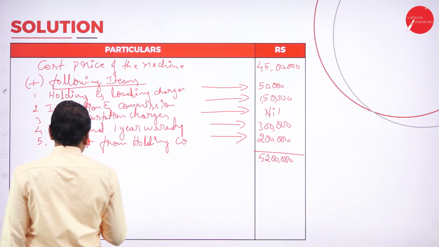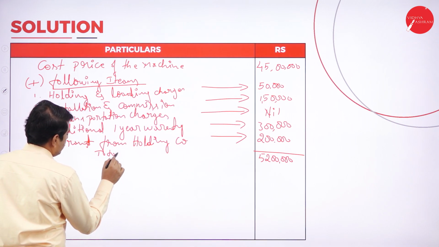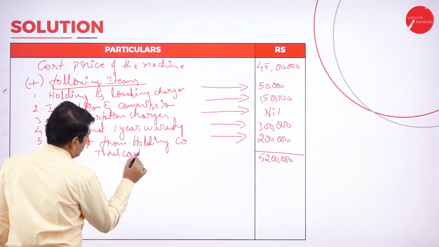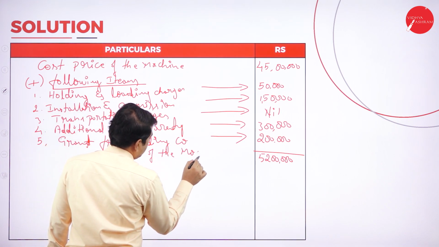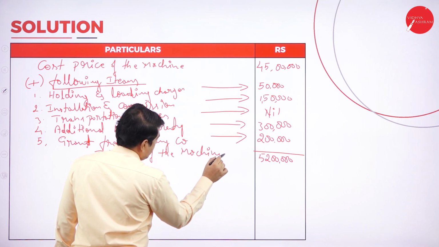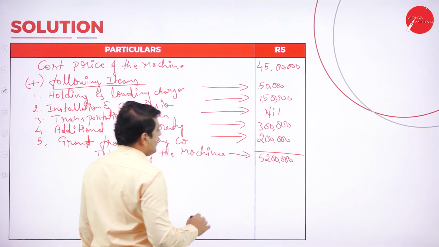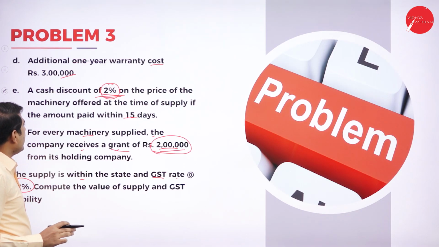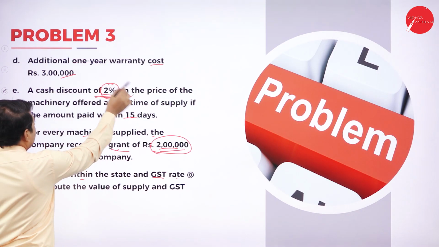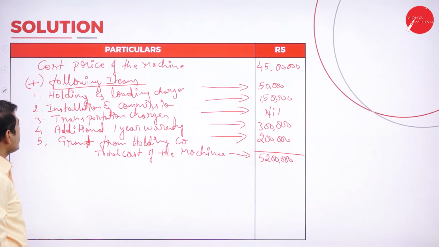This is the total cost of the machine. Now deduct the discount given here, cash discount 2%.